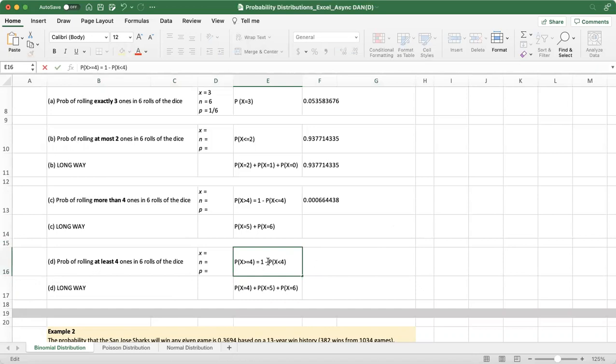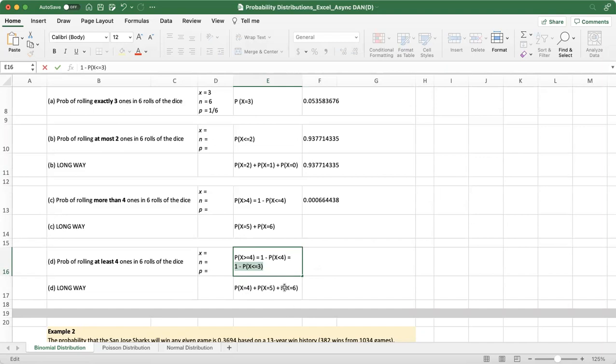But this is still not quite in the cumulative distribution type that I'd like it to be. So can I rewrite this as 1 minus P of x being lesser than or equal to 3? This is exactly nothing but, if I subtract the probability of all values 3 and below, then I'm left with 4, 5, and 6.